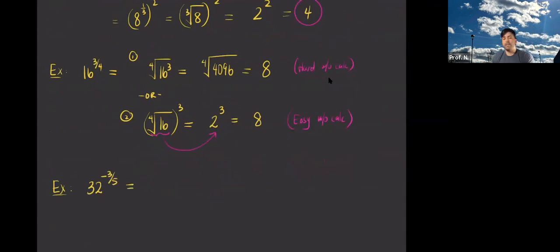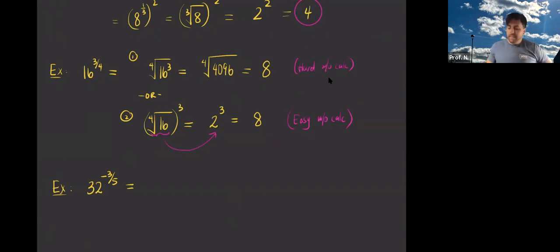I know I haven't mixed in this yet, but what happens when I have a negative fraction? Uh-oh. Now we got our worst nightmare, don't we? We got not just a fractional exponent, but we have a negative one at that. So how do we take care of negative fractional exponents?